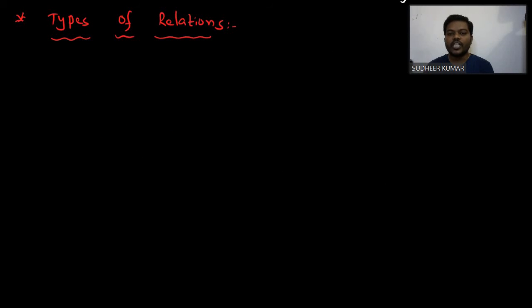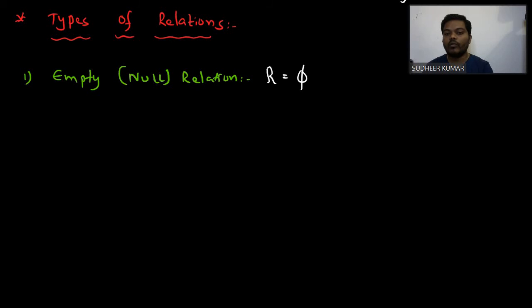Now, types of relations. The first one is the empty relation or null relation. If no element of A is related to any element of A, then the relation is called an empty relation. It is denoted by R = ∅, a subset of A cross A. The second one is the universal relation.